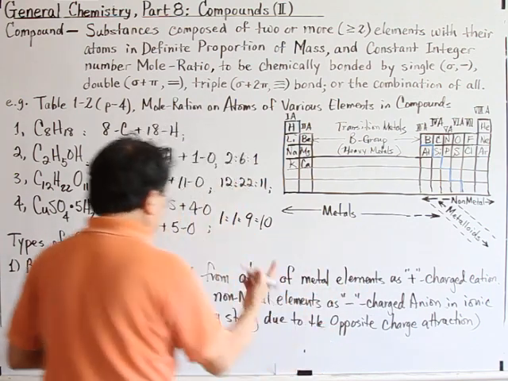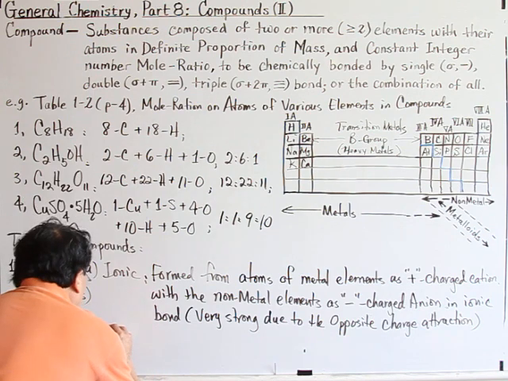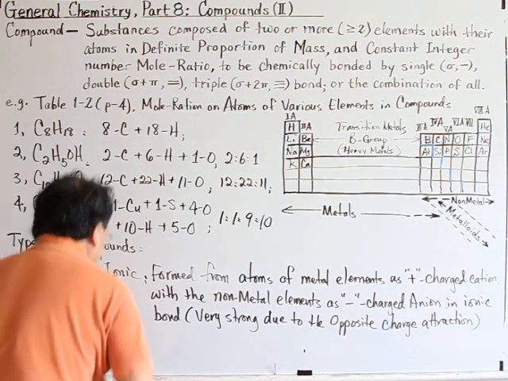So for instance, this first type of ionic, we have a subtype, say I. And it is what?